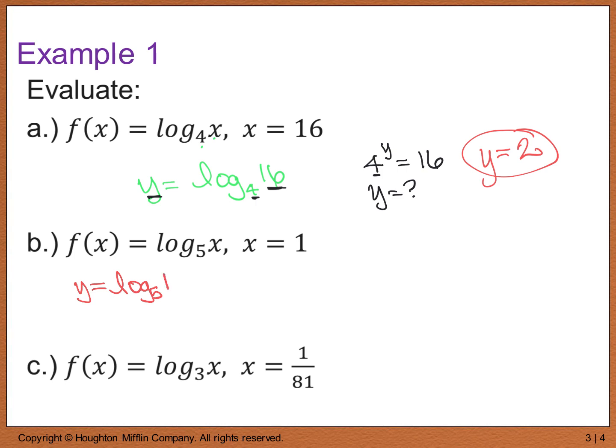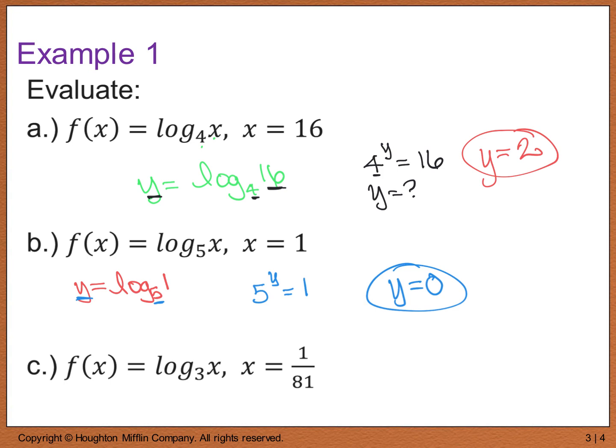So if I rewrite that as an exponent, the base of my log becomes the base of my exponent. So 5 to the power of y equals 1. Well, what can I raise 5 to that's going to give me a value of 1? So that means that y then really equals 0, because anything raised to the power of 0 is always 1.